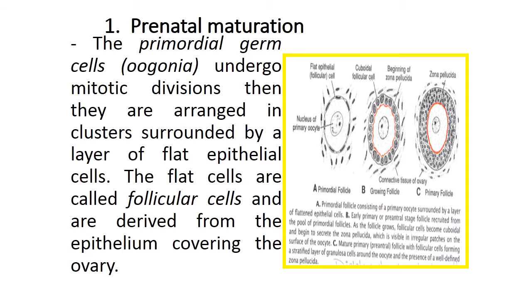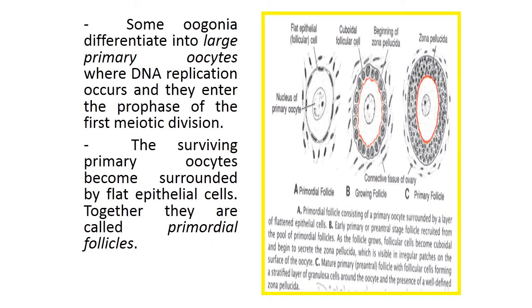The primordial germ cells or oogonia surrounded by the zona pellucida result in what is known as the primary follicle. Some oogonia differentiate into large primary oocytes where DNA replication occurs, and they enter the prophase of the first meiotic division.